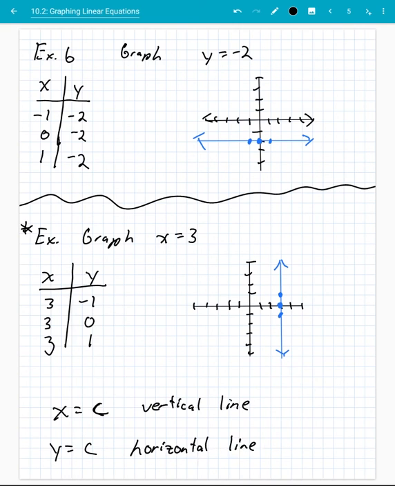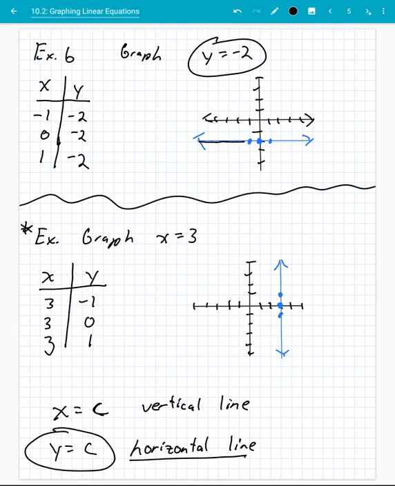Anytime it's y equals a number or x equals a number, you can just take the shortcut. So if y equals -2, it's going to be a horizontal line at -2. I should draw a horizontal line at -2. That would be the shortcut.